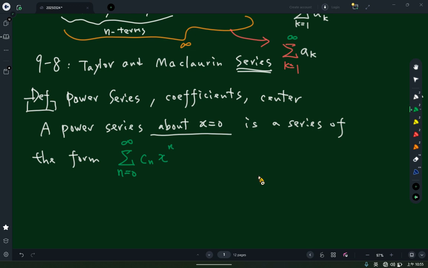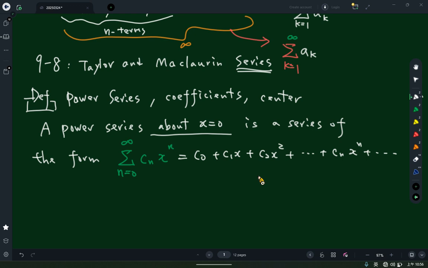So you can see, if we expand the expression, we get C0 plus C1x plus C2x squared plus, up to Cn x to the power n, plus and so on. So you can see each term has the form of x to some power.